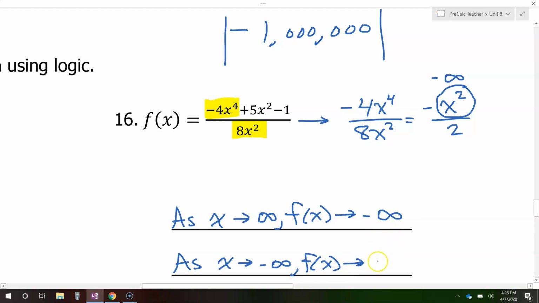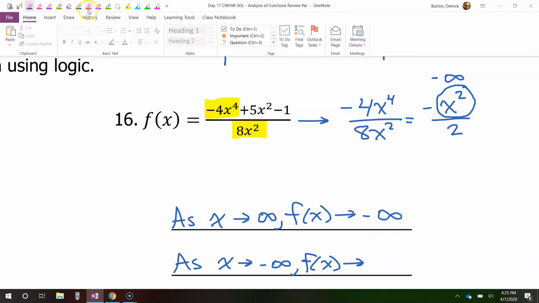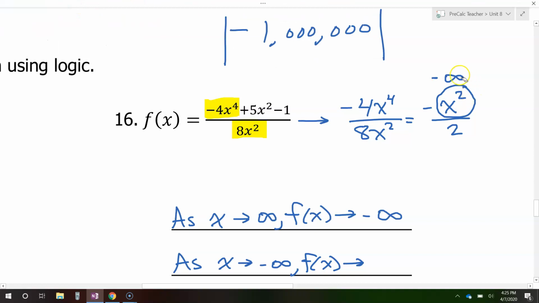Okay, is this going to flip to positive infinity now? Well, let's stop and think about that. So x is approaching negative infinity. That means we'll have negative 10, and then negative 100, negative 1,000, negative 1,000,000.